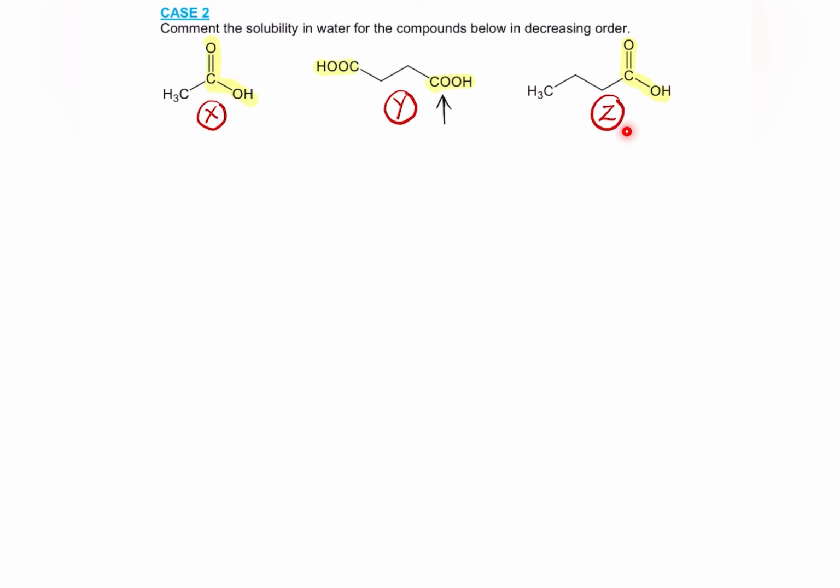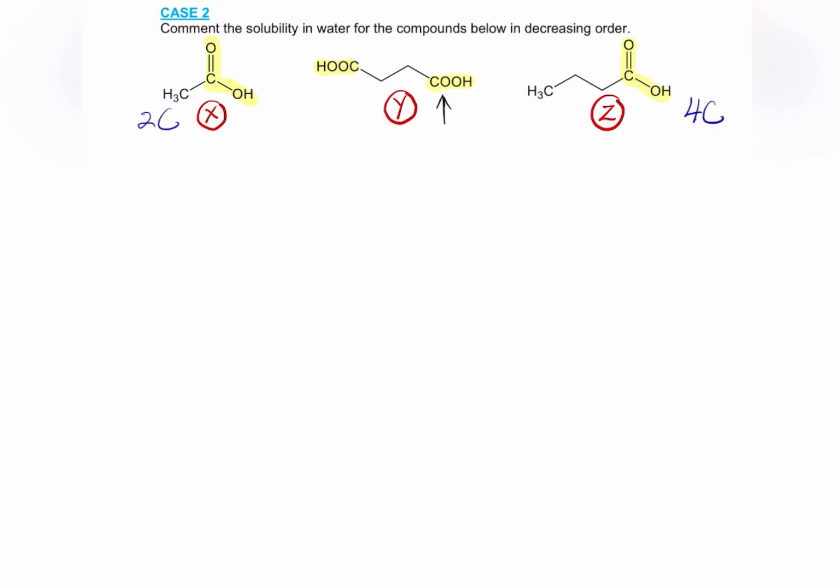You cannot compare based on their number of carboxyl group because both of them got 1 carboxyl group. So what we will compare here is their molecular weight. So what we will see based on molecular weight is their number of carbon atoms. So for structure X, I have 2 carbon atoms, while for structure Z, I have 4 carbon atoms.